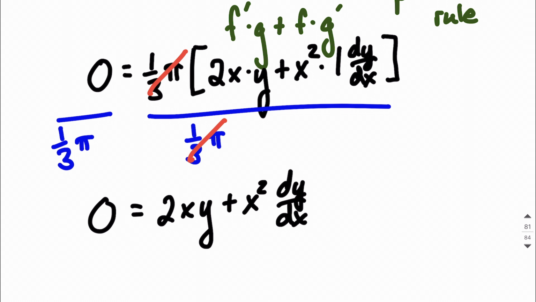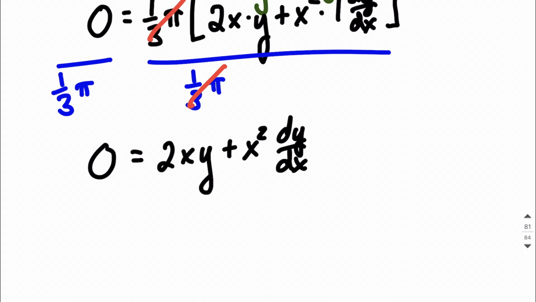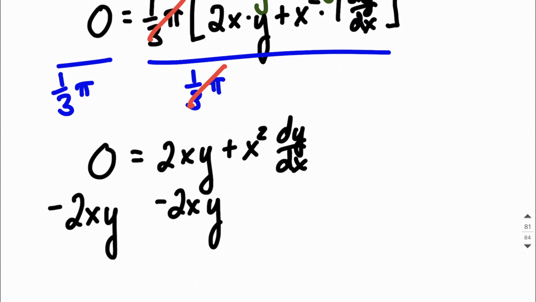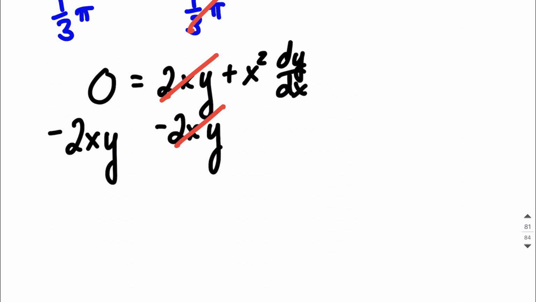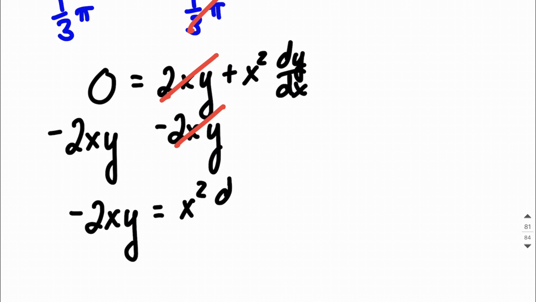To isolate the dy/dx, hopefully not going to be too bad, we're going to have to move that 2xy term to the other side. Now we subtract it because we had a positive 2xy. Subtracting 2xy's makes 0xy's over on the right-hand side. On the left-hand side, now we'll get 0 minus 2xy. On the right-hand side, we're still left with x squared dy/dx.